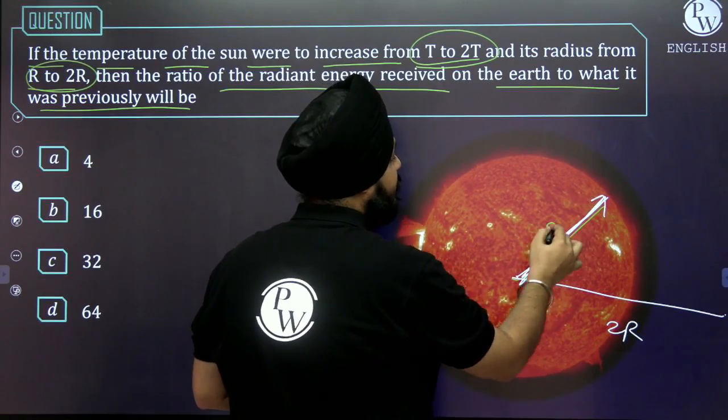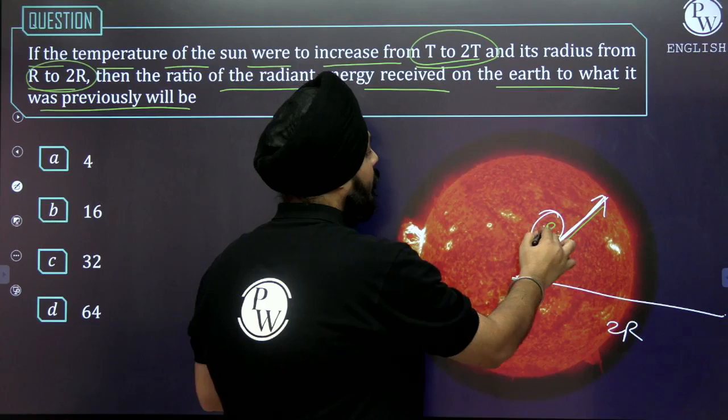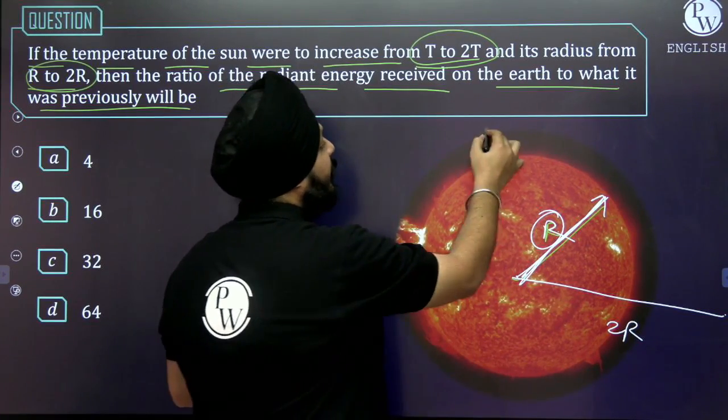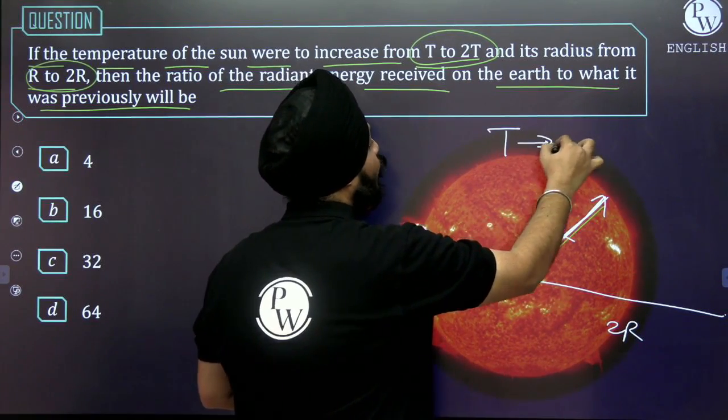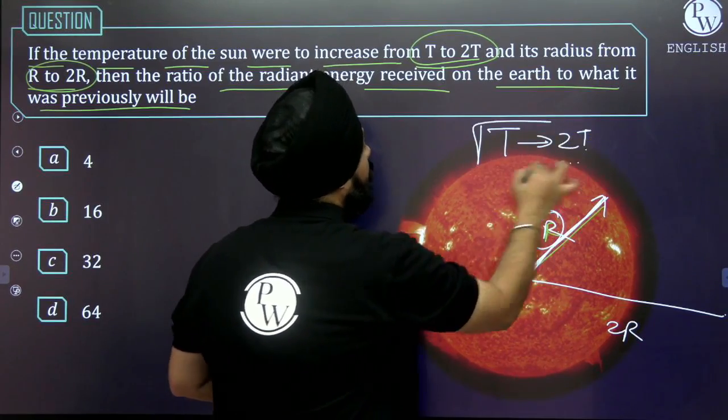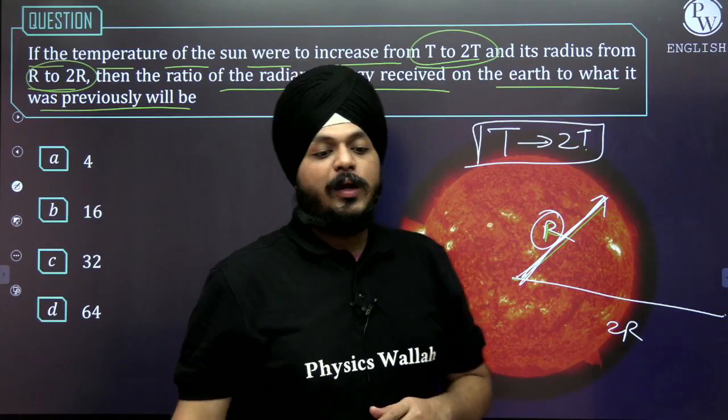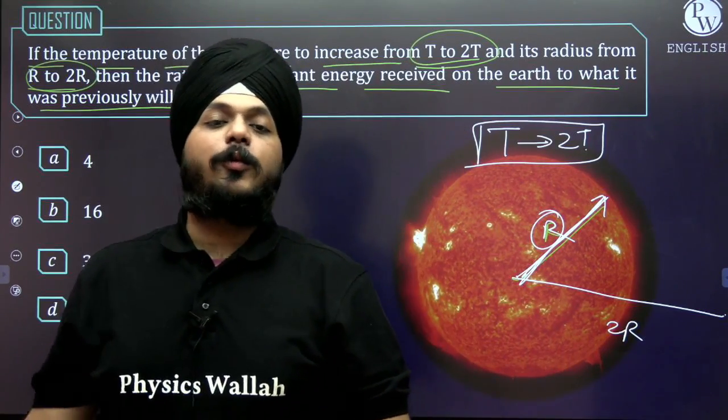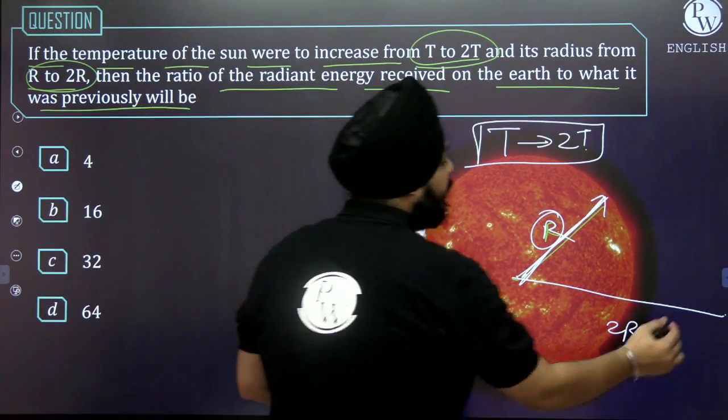Radius is changing from R to 2R. Temperature is changing from T to 2T. The same thing happens here.